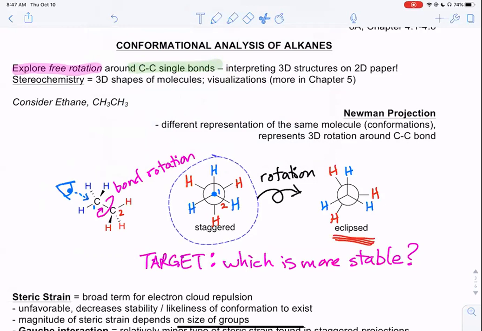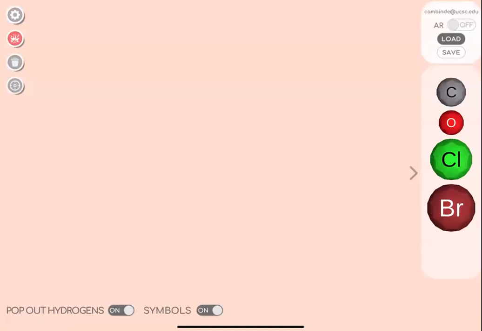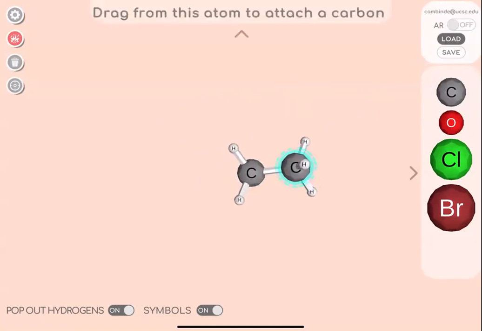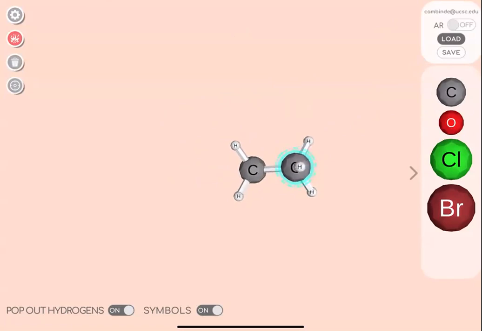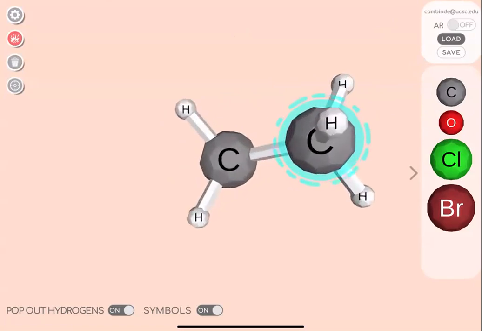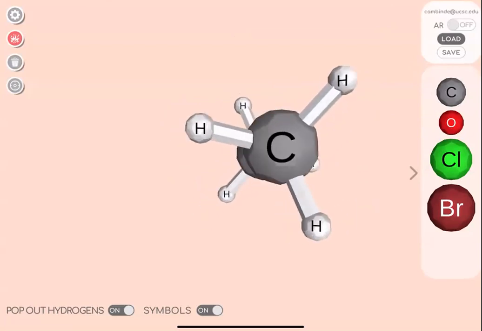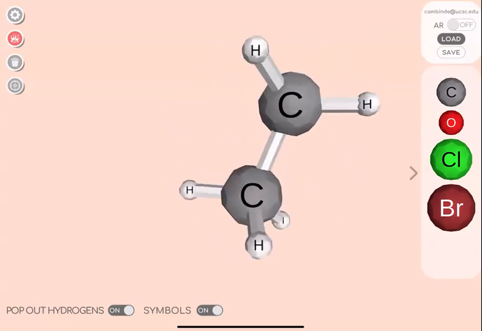So I'm going to go to my model app and show you a little bit more on that. So here's our model AR app, and it's just ethane. I'm going to drag over 2 carbons. So this is our 2-carbon ethane, and when I rotate, I'll zoom in a little bit first, then when I rotate around this molecule here, right, I'm just moving it around in space, very, very cool stuff.